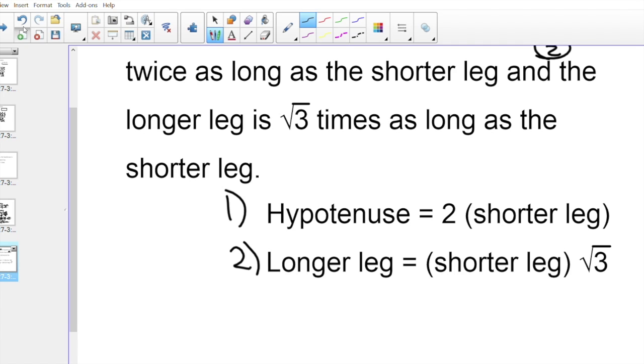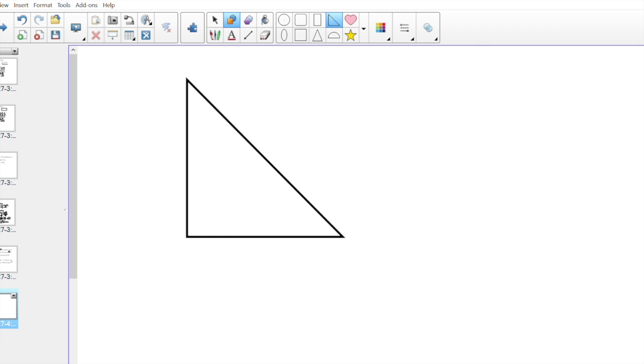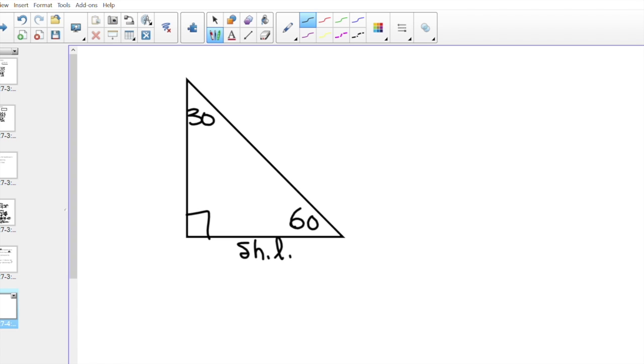So, here's the first one. Let's take a right triangle, a 30, 60, 90 now. This is the shorter leg right here, which is the side opposite the 30-degree angle.